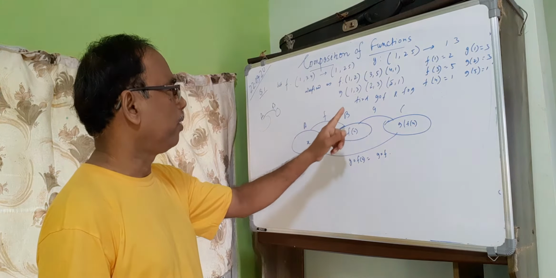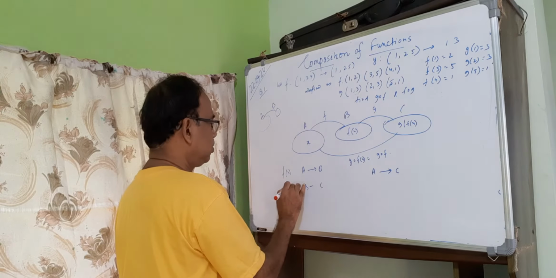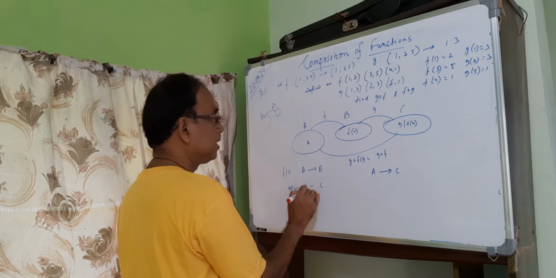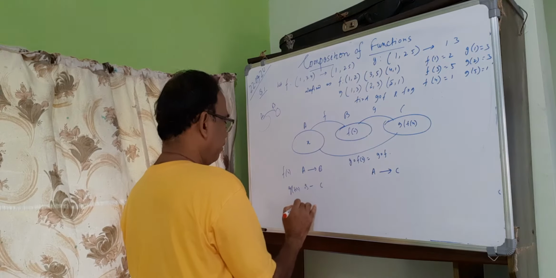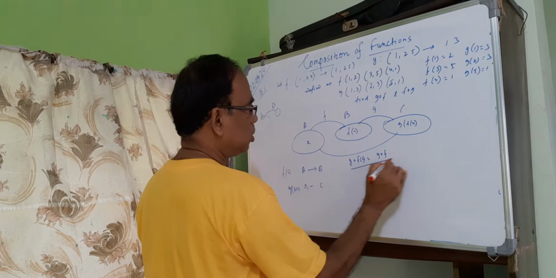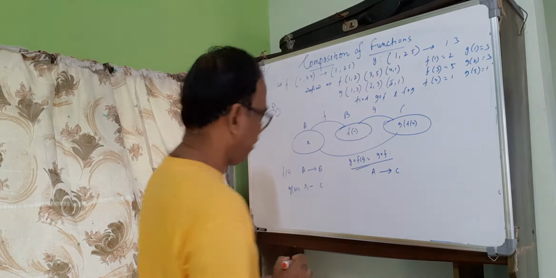What is GOF? It is denoted from A to C, through A to B by F(x) and B to C by G(x). So from A to C it is G of F(x), that is GOF.